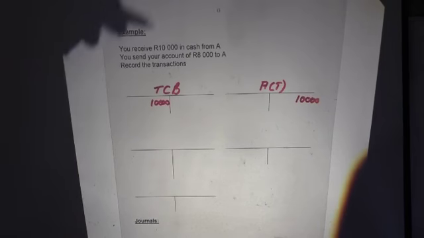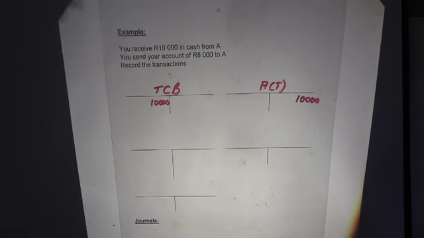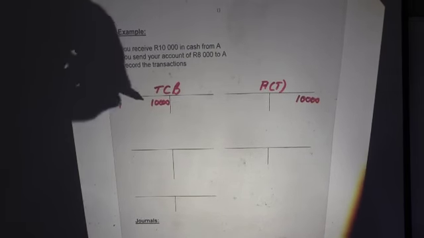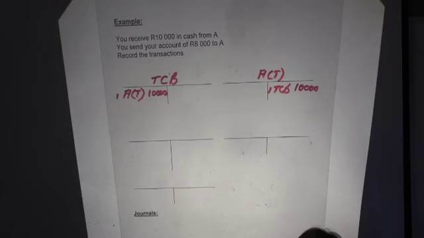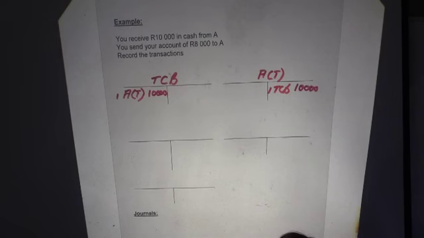So we will credit A trust with 10,000 rand, and you remember we should cross-reference. Let's say that is our first transaction. I will write there A trust, and I will write there trust cash book. So that's a trust transaction, and we've received that in cash.